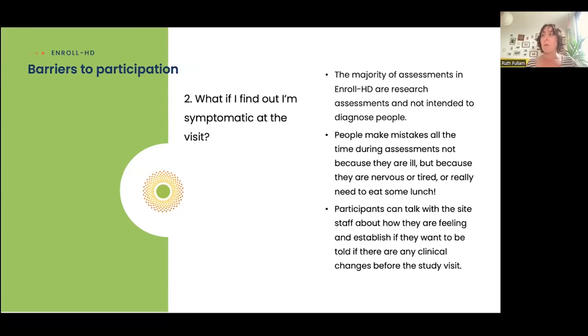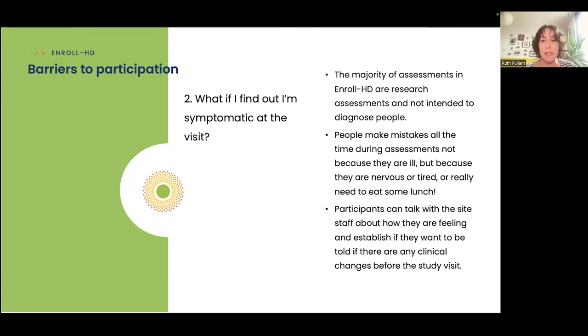So if you are asymptomatic, or someone who does not have clinical symptoms, you might be worried that you will find out that you're symptomatic if you come to a study visit.